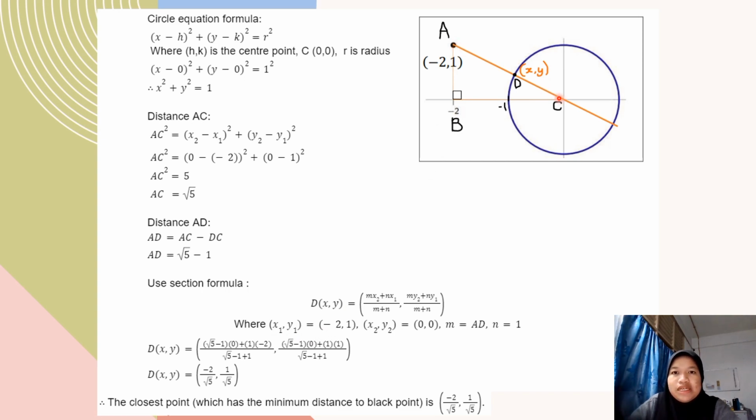And m is AD, n is 1, which is DC. We just substitute them, and lastly we get the point D is (negative 2 over 5, 1 over 5). So the closest point which has the minimum distance to the black dot is D, which is (negative 2 over 5, 1 over 5).